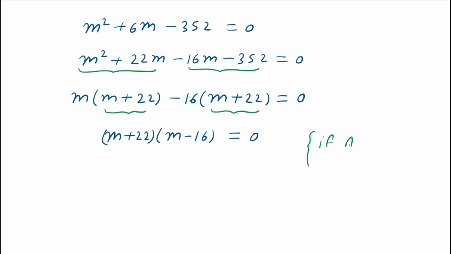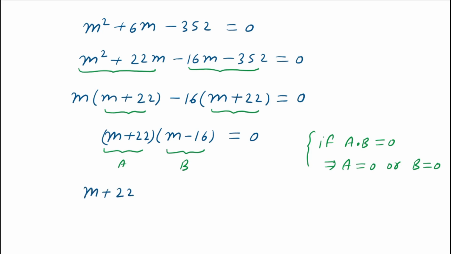Here we will apply this rule: if a into b is equal to 0, this implies a is equal to 0 or b is equal to 0. This term is a and this term is b. If we apply this rule, then m plus 22 is equal to 0, or m minus 16 is equal to 0.